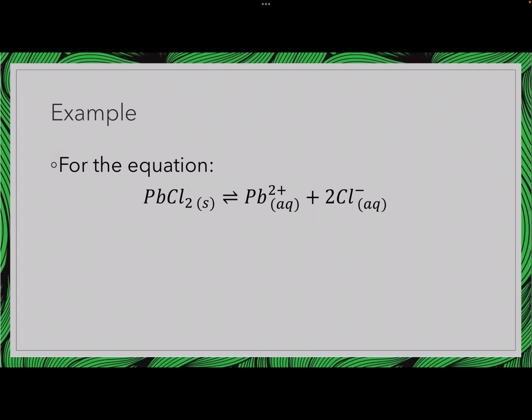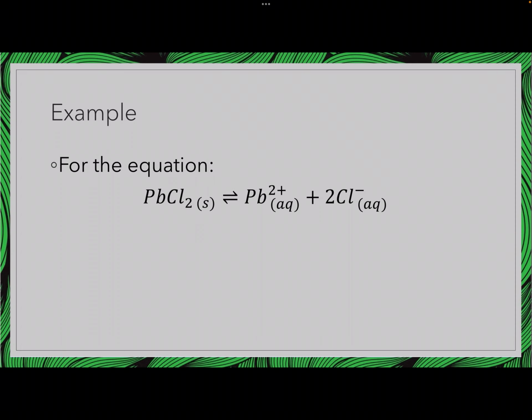And it's going to be over our reactants. But in this case, our reactant is PbCl2, and it's a solid. So solids aren't actually included in our K equation. Whenever we have a solid like that, or one of the other things not included in our K equations, we're just going to replace it with a 1.